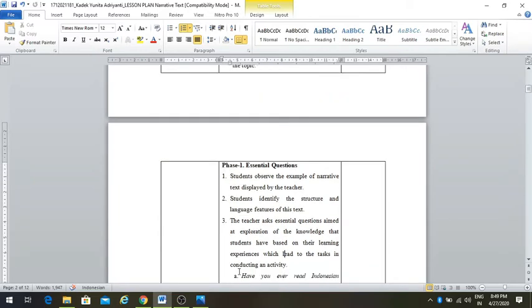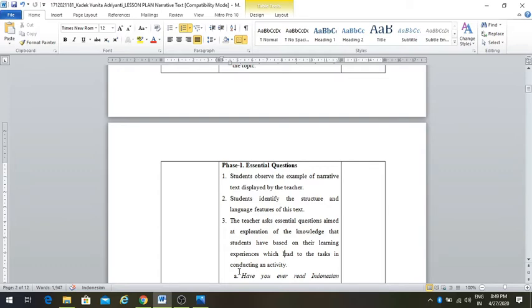Finally, the teacher asks essential questions that aim at exploration of the knowledge that students have based on their learning experiences, in which this essential question will lead to the task in conducting an activity.